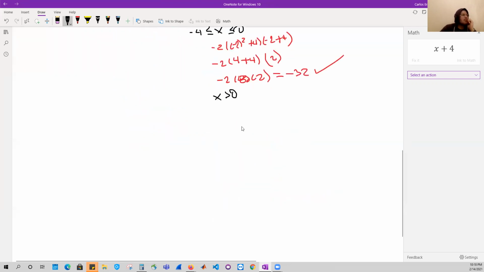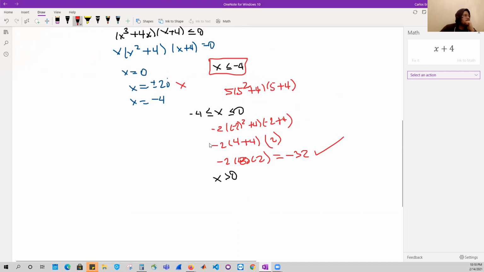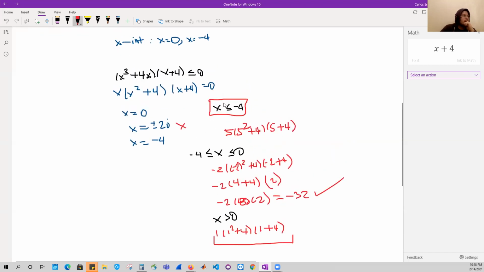So I'm just going to leave it like this and try it out with, let's say, x equals 1. For x equals 1, I'm going to have 1 times 1 squared plus 4 times 1 plus 4. That means that whatever multiplication I'm going to have in here is going to be positive, and it's not going to work on our original inequality.